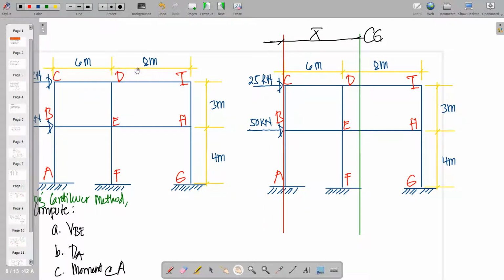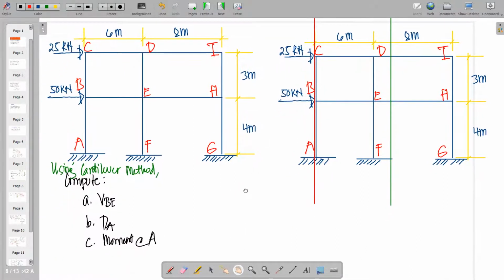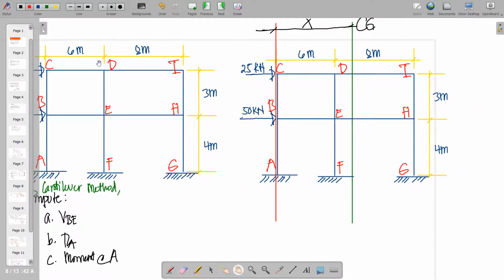This is 6 and that is 8, meaning the centroid will have an eccentric effect on the columns because of the imbalance in the dimensions. So first things first, we are going to solve for x bar. That is the very first step, again involving I in this particular problem. I is not specified, or the section is not specified.